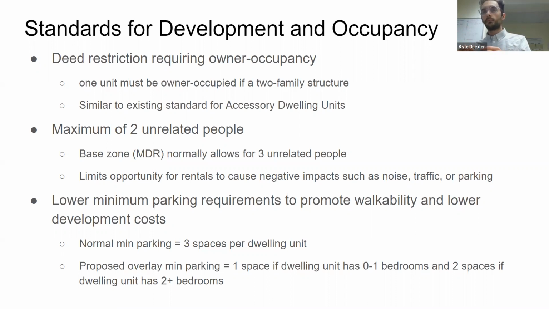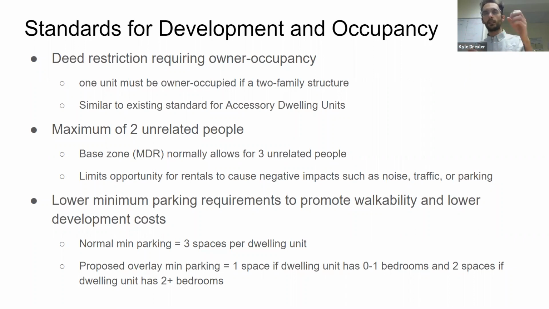But if you're just 2 friends who have no relation or real connection other than being friends, well, then you would count as 2 people. So a normal rental in the MDR right now, you can have 3 unrelated people.